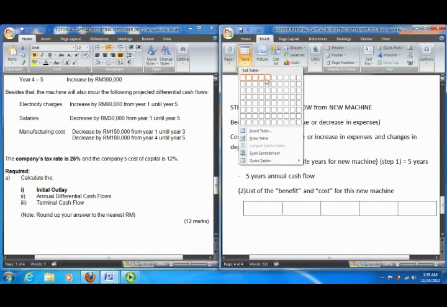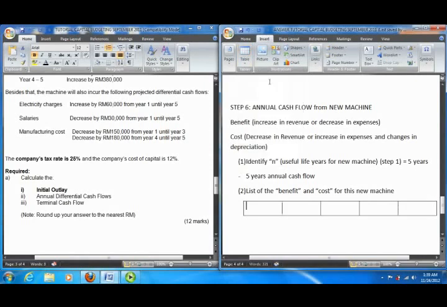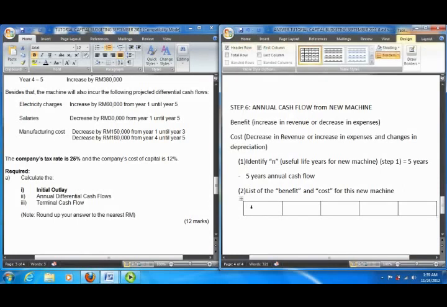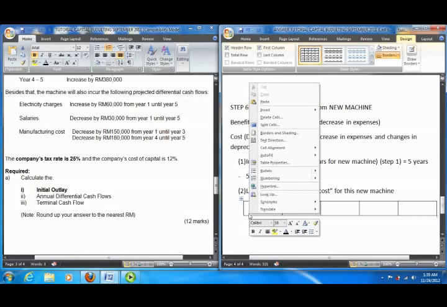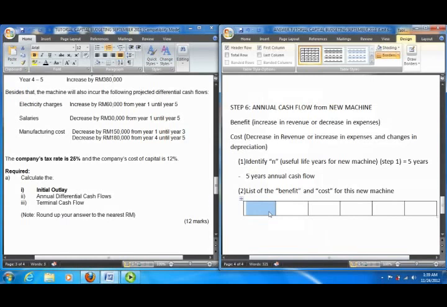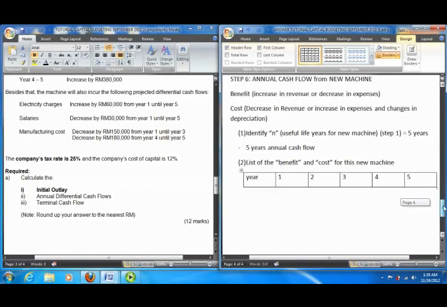So you must do 5 years: year 1, year 2, year 3, year 4 and year 5. In the question, if you got 8 years, you need to open 8 columns. But in this question the new machine's useful life is only 5 years. So you only open 5 year columns.